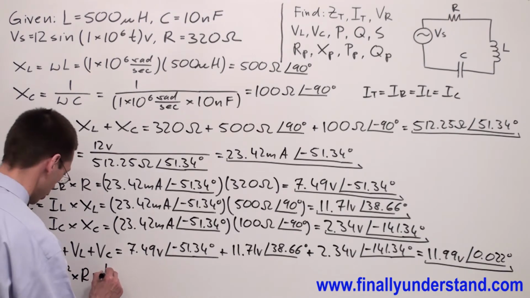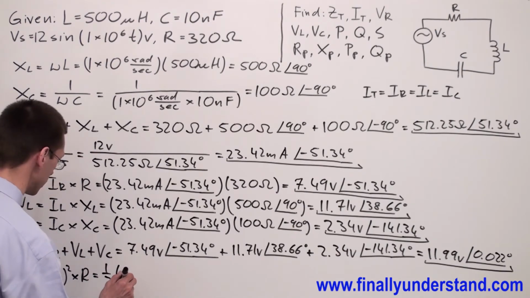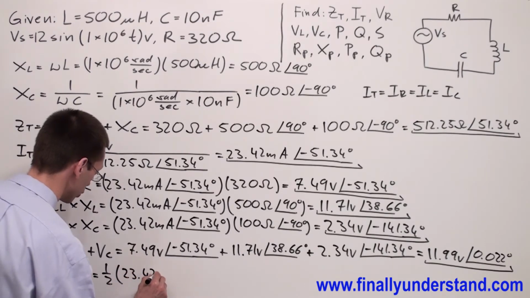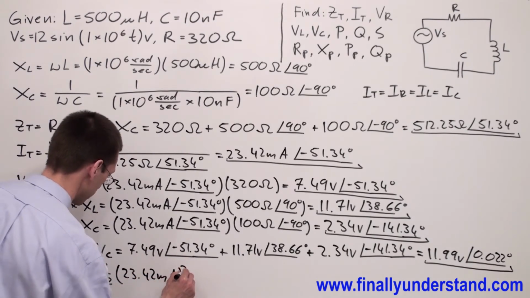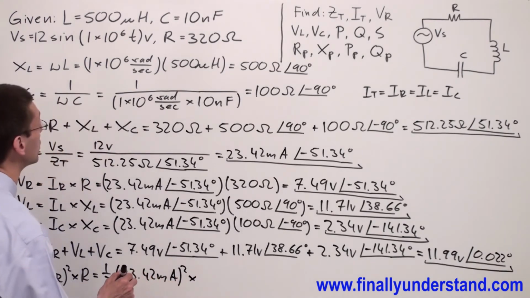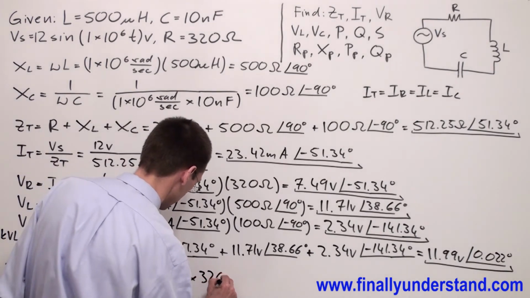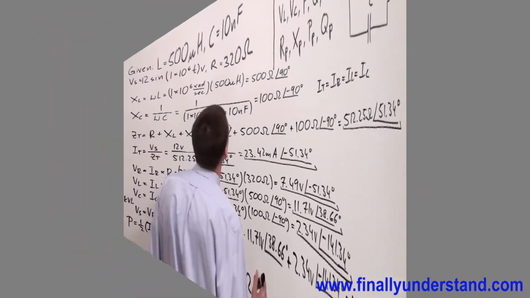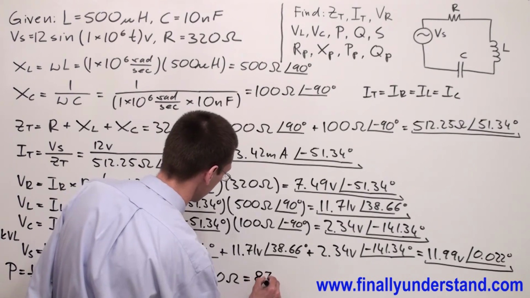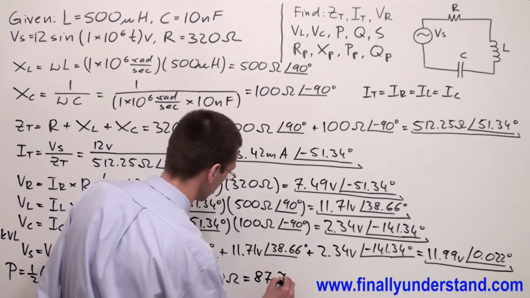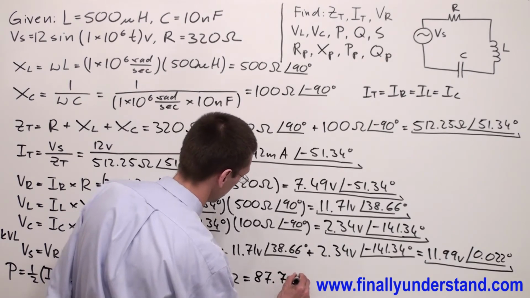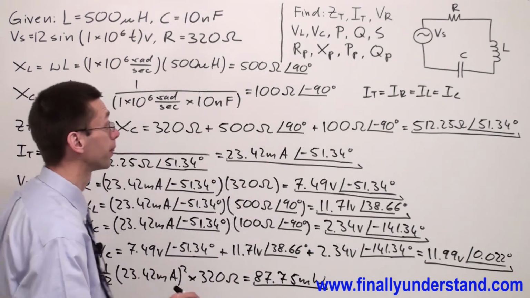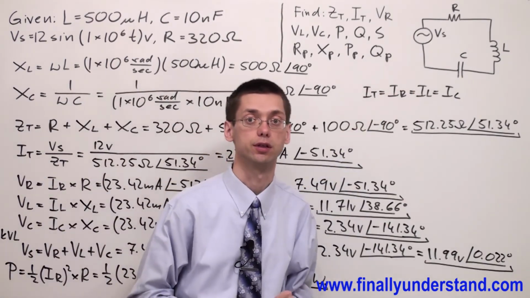So I have 1/2 times the current, 23.42 milliamps, raised to the second power times the resistance, 320 ohms, which is equal to 87.75 milliwatts. So this is the true power in my series circuit.